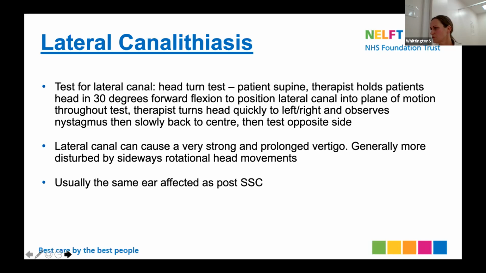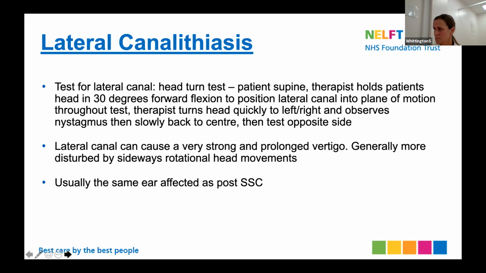Check if you produce symptoms, if there is a nystagmus, let it settle, come back to the center, and then you quickly turn them to the other side. And again, it's the same as with the posterior canal: the side where you reproduce symptoms, where the nystagmus occurs and beats towards the affected side, is the side you need to treat, and I'll show you how to treat that.